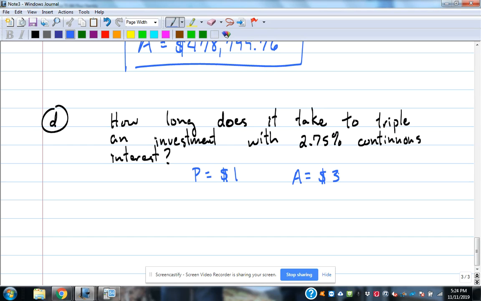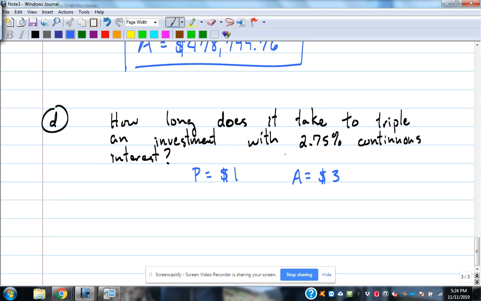If they said double it, my account worth at the end would be $2. If they said quadruple it, $4. So make it easy on yourself and pick $1. If you wanted to pick $572.16, you can, but you have to multiply it out. I'm picking $1 because it's easy.